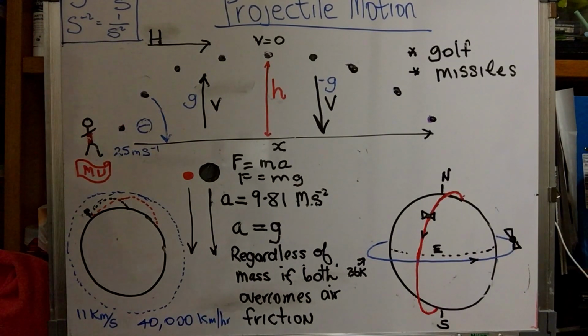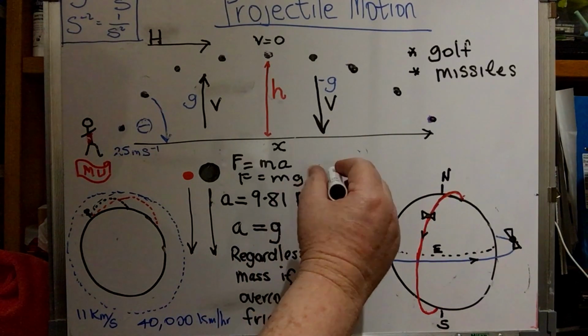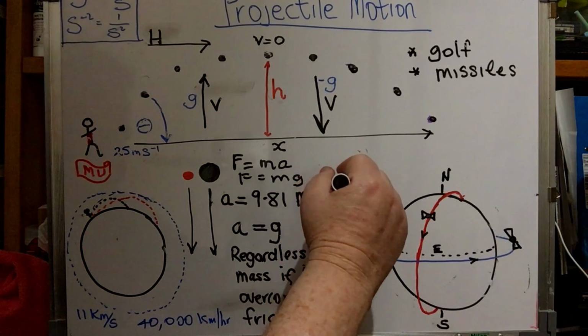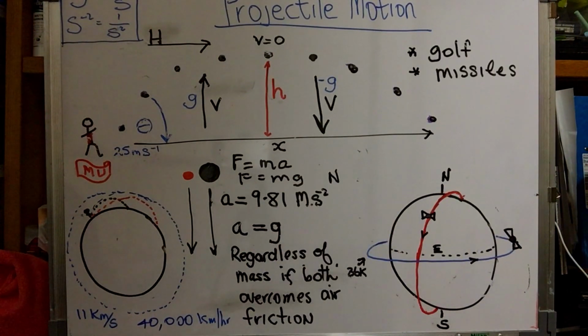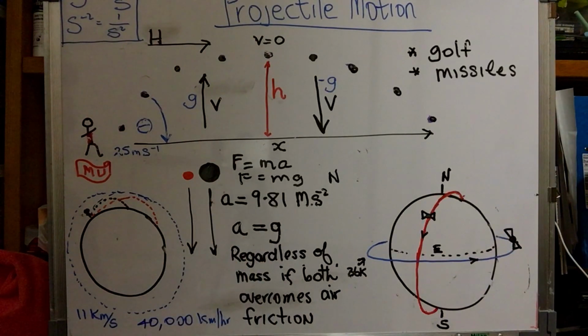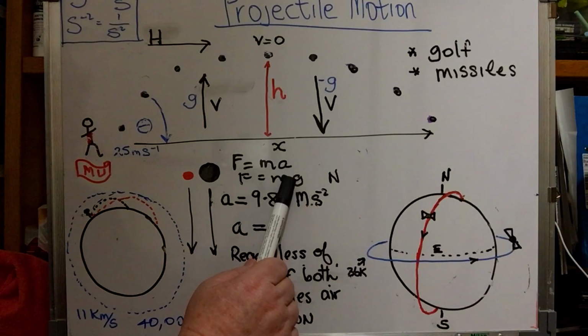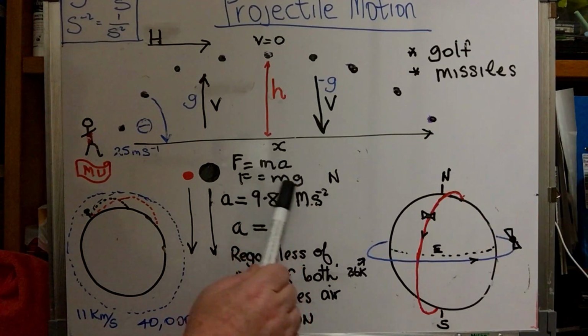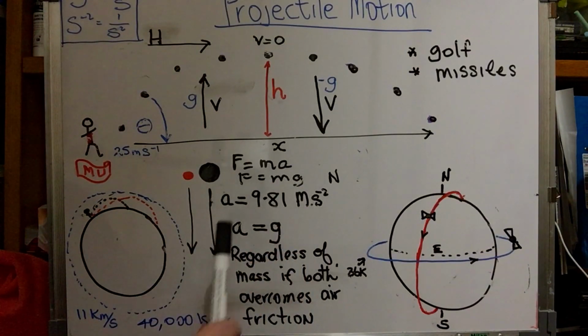Okay, in fact, often things are talked about in terms of weight in newtons, because newtons means the mass of the object multiplied by 9.81, which is the gravitational pull. Okay, so who says gravity doesn't have a force? Well, gravity with mass has a force.